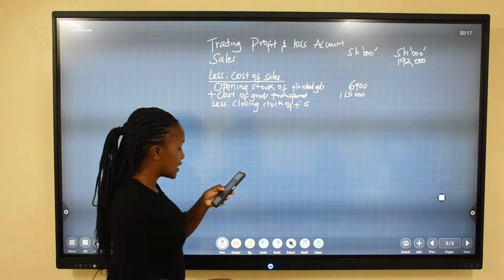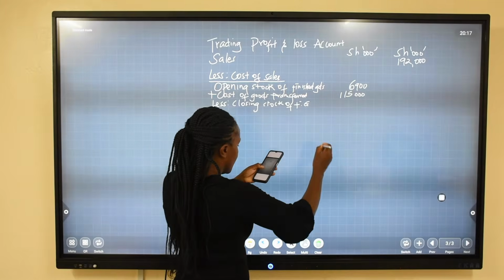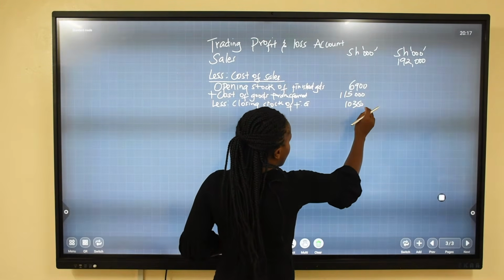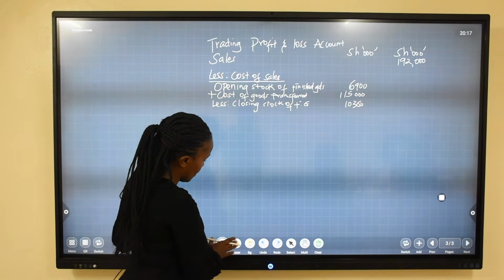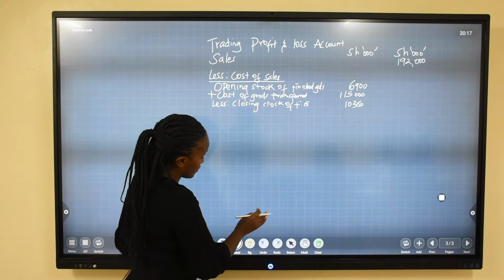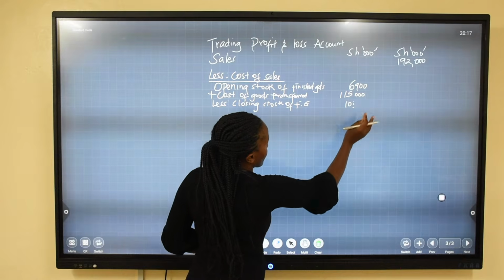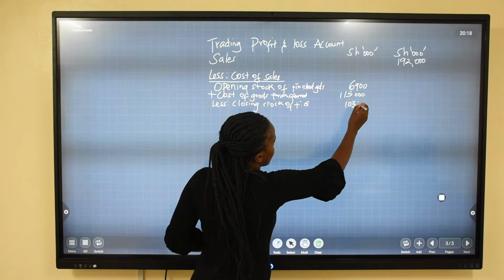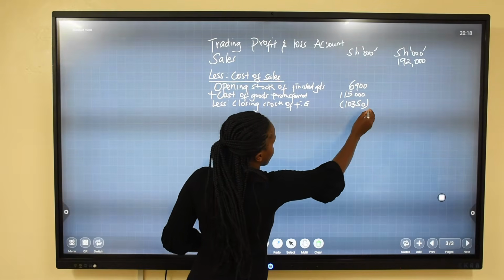Our closing stock is given in additional information number 1. It is 10,350, and we are deducting.